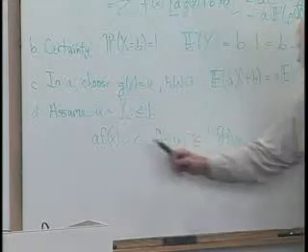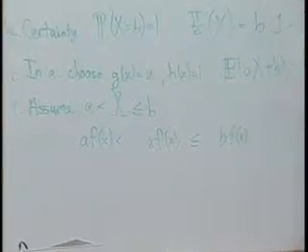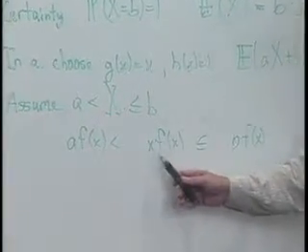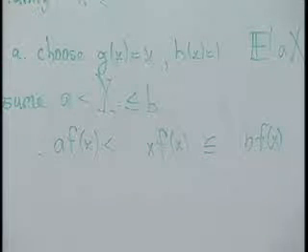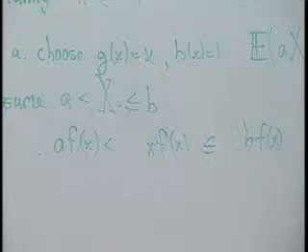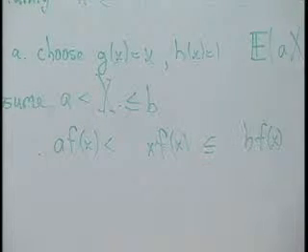Because for every value of x for which f of x is different from 0, A is less than x is less than B. There are other values of x for which this doesn't hold, but for all those values, the mass function f of x is 0, so it doesn't make any difference.